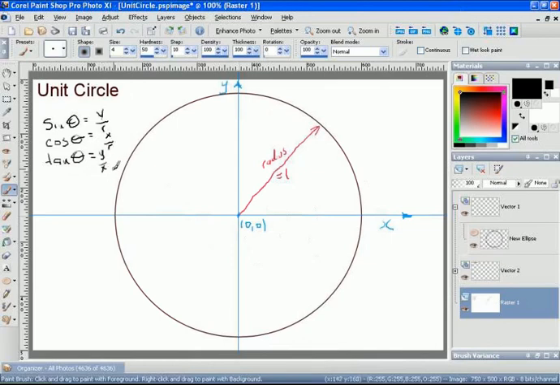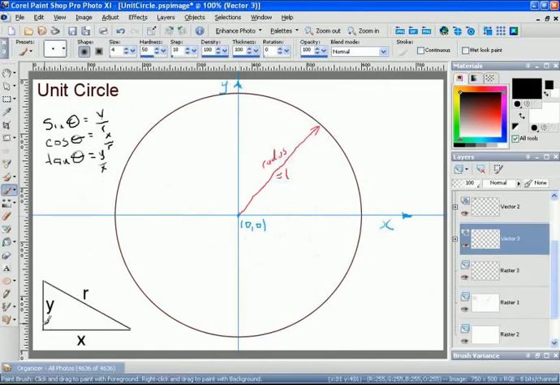Now this is only true if you have a right-angled triangle. And the right-angled triangle here, let me draw it this way. So here we have a 90-degree angle, and our theta is defined as this angle here from horizontal upward. The distance along the bottom is x, and the distance from down here up to the top is y.